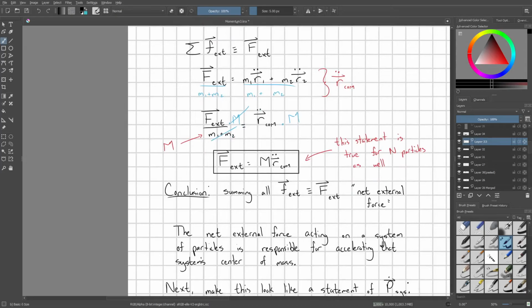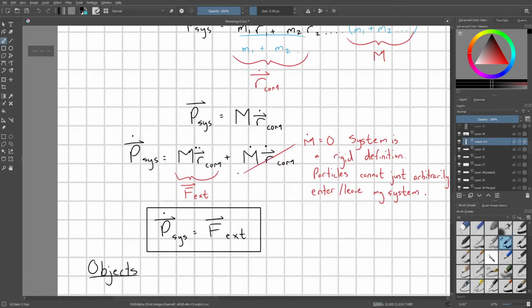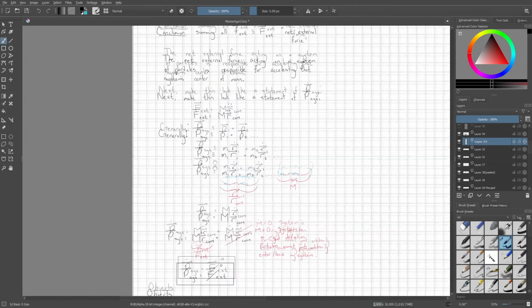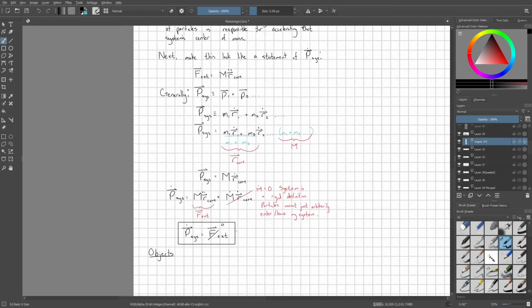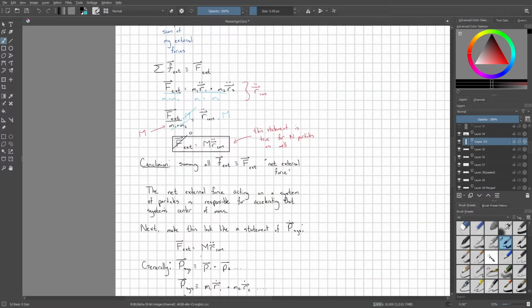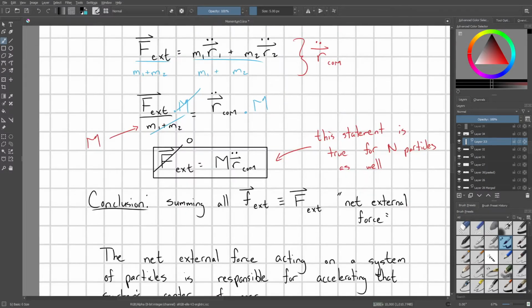And remember that if the forces are all internal, this F goes to 0, this F here goes to 0, and we derive the conservation of momentum again. So this statement here, when my external force is 0, that's the conservation of momentum. This statement here, when I make my external force 0, shows that the acceleration of my center of mass is 0.